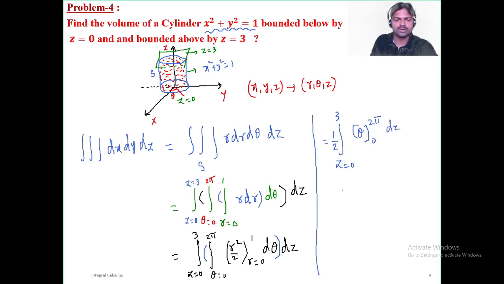So we get 2 pi by 2, times the integral from 0 to 3 of dz. The integral of dz is z, varying from 0 to 3. Finally, the 2 cancels out and we get 3 pi cubic units.